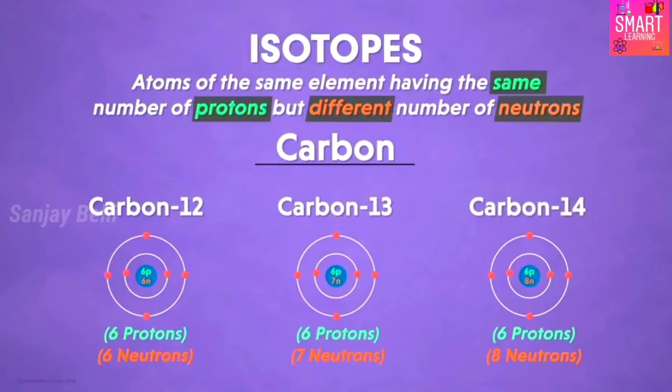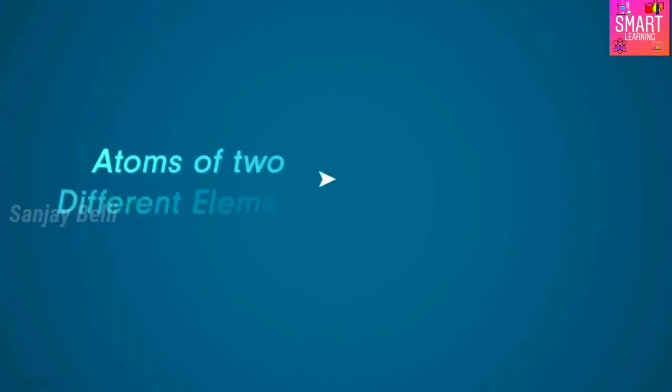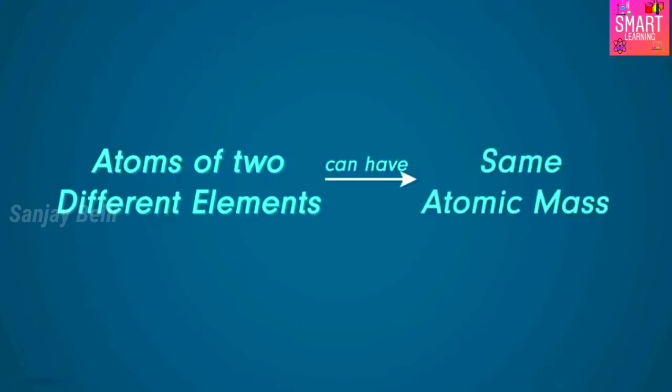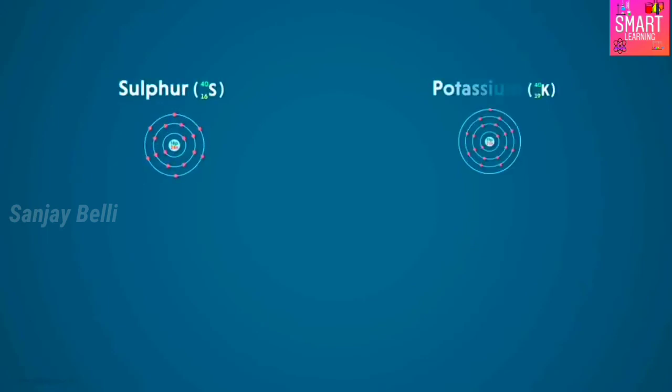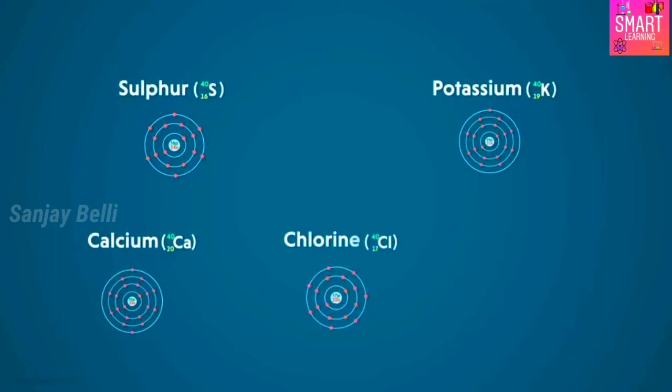Now this was about the different forms of the same element. But what if I tell you that atoms of two different elements can have the same atomic mass? Yes. Let's understand this with an example. We take 5 different elements: sulfur, potassium, calcium, chlorine and argon.